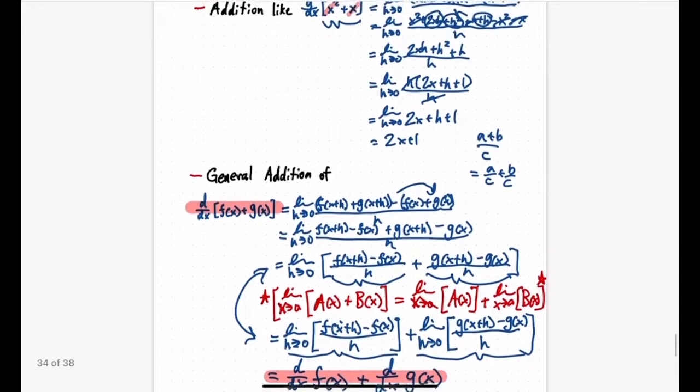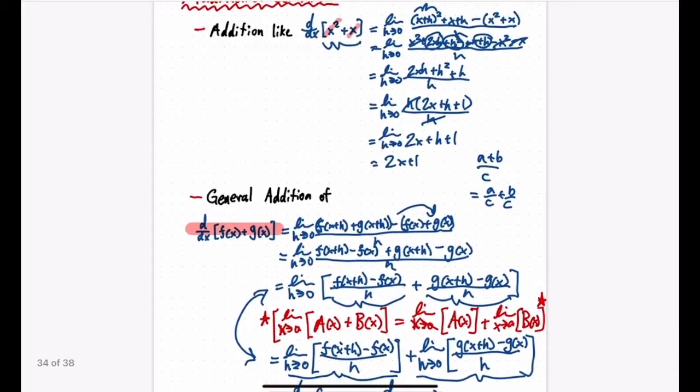And this makes sense with what we've calculated. Let's consider what our previous example said. We said that d over dx, or the derivative of x squared plus x, equals 2x plus 1. And that's what this whole system that we wrote earlier proved.